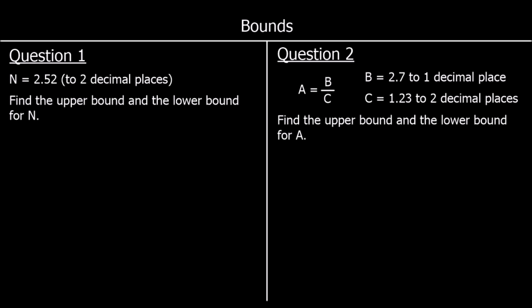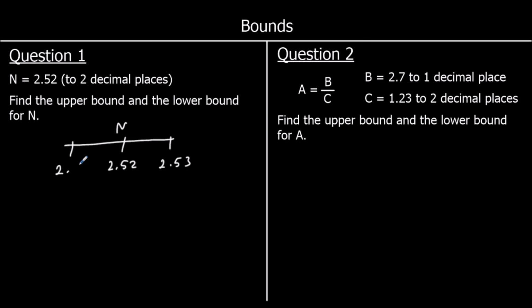Okay, let's finish up with 2 questions. So pause the video and give them a go. Question 1. N is 2.52 to 2 decimal places. Find the upper bound and the lower bound for n. So we've got 2.52. The one above is 2.53.